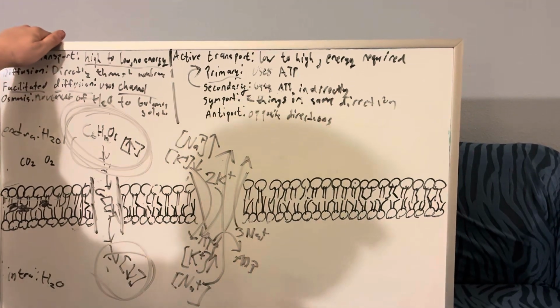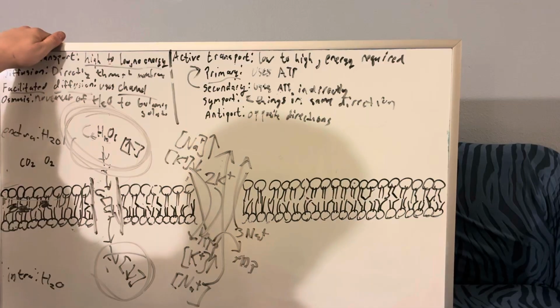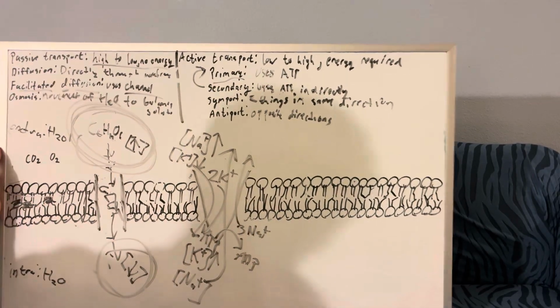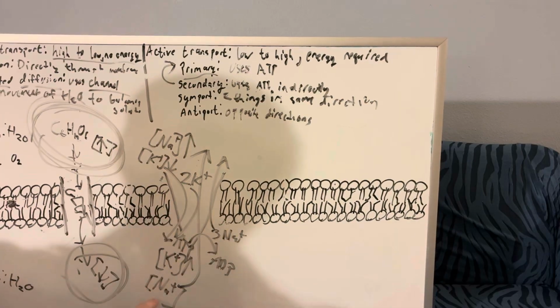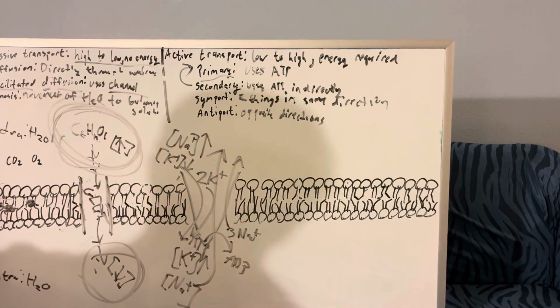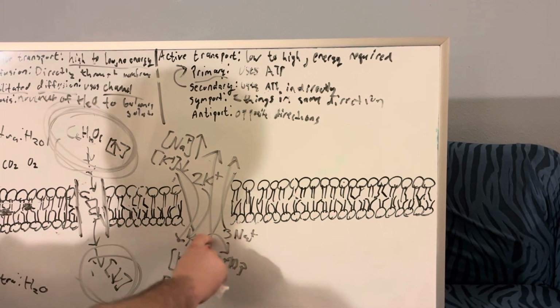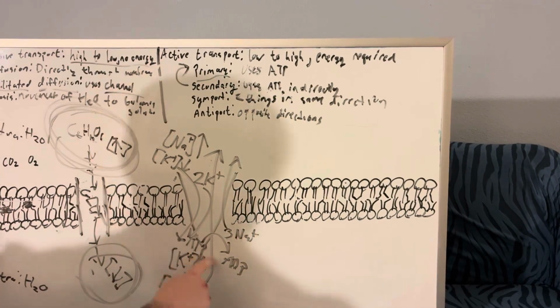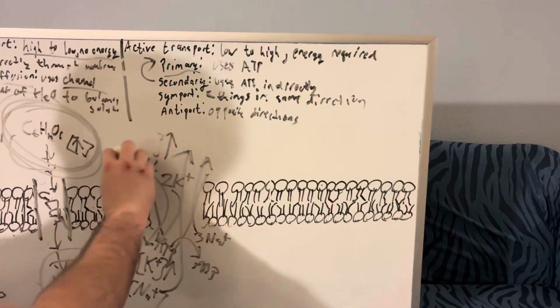Na na na, 3 NAs, NA, NA, NA. That is the sodium potassium pump. 2 potassium into the cell against its concentration gradient, 3 sodium out of the cell against its concentration gradient, using ATP as an energy source.